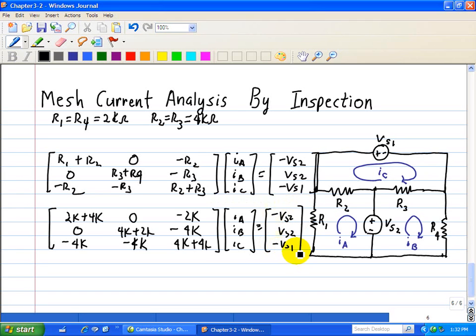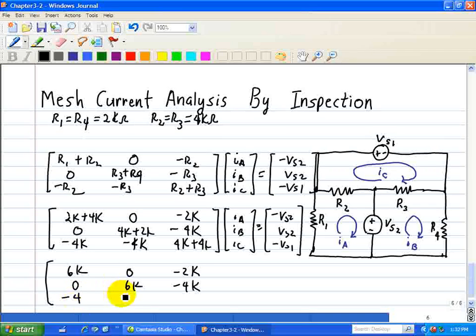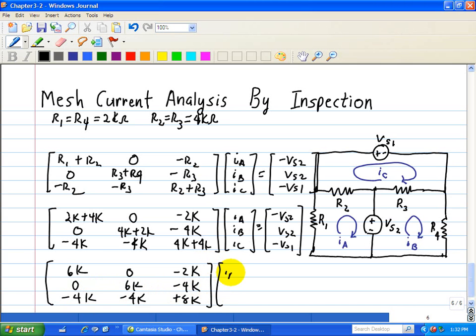And then completing this arrangement here, we have 6K, 0, minus 4K, 0, 6K, minus 4K, minus 4K, minus 4K, and positive 8K, times IA, IB, IC, equals minus VS2, plus VS2, and minus VS1.